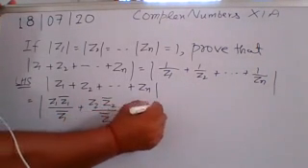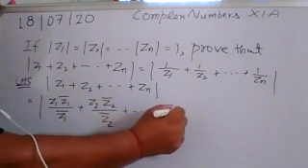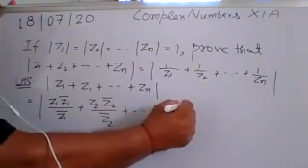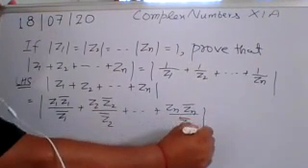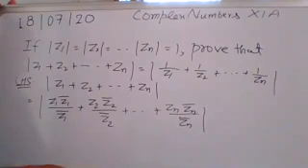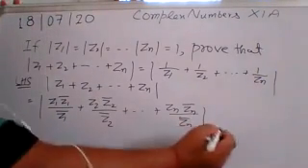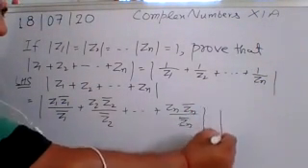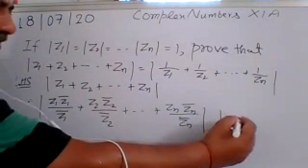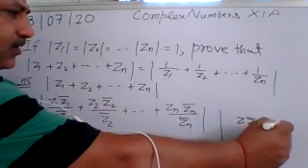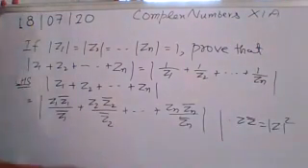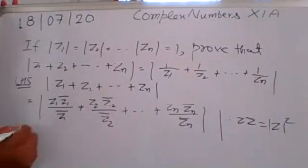In the same way, write Z2 times conjugate of Z2, divided by conjugate of Z2. In the same way for Zn, you have Zn times conjugate of Zn upon conjugate of Zn, and overall the mod is there. Because Z into Z bar is equal to mod of Z whole square, you use it.